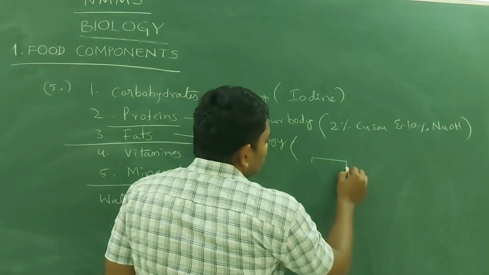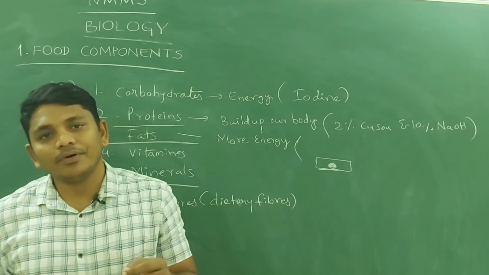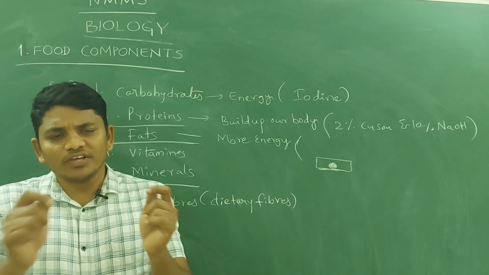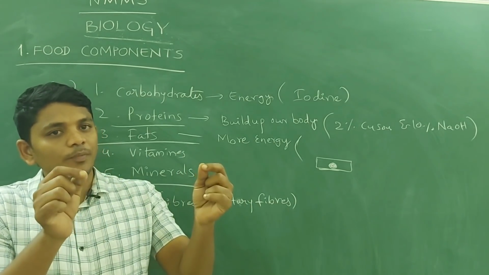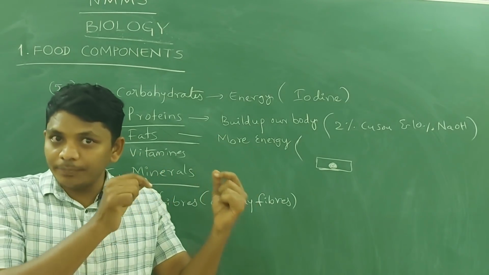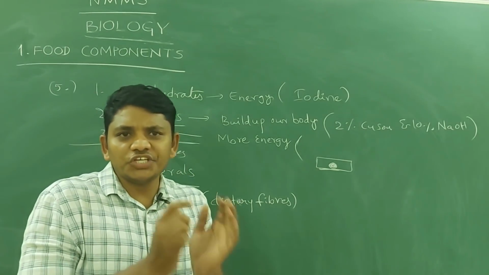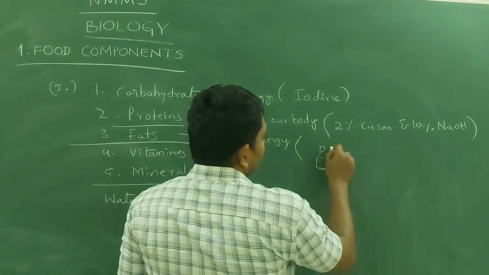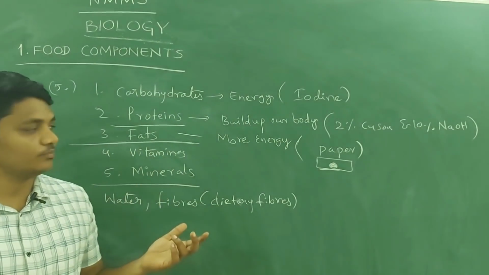If the paper turns translucent, then the food contains fat. So for checking fat we need a paper.